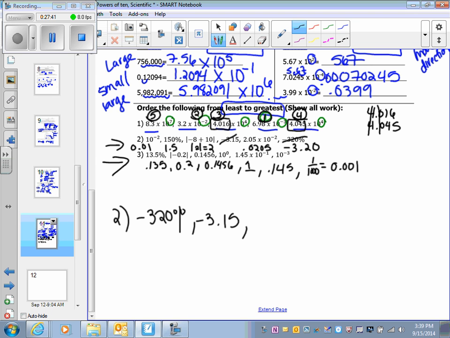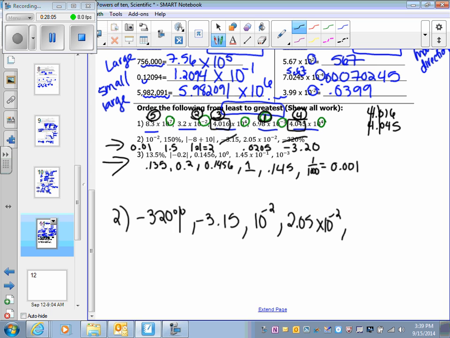Okay, so out of my positive values, I have 0.01, I have 1.5, I have 2, and I have 0.0205. So the next smallest would be 10 to the negative second, because remember that's 1 in the hundredths place, okay? Then it would be 2.05 times 10 to the negative second.